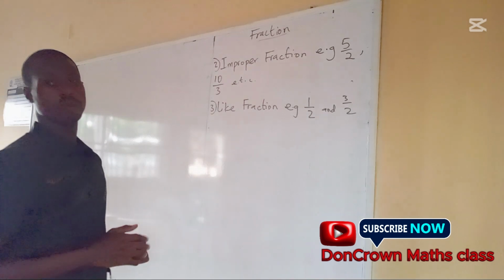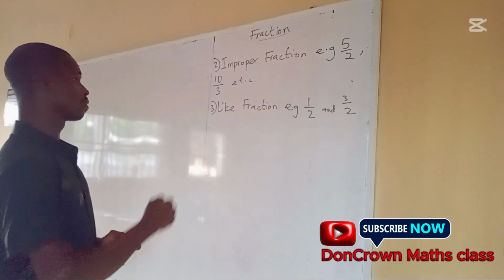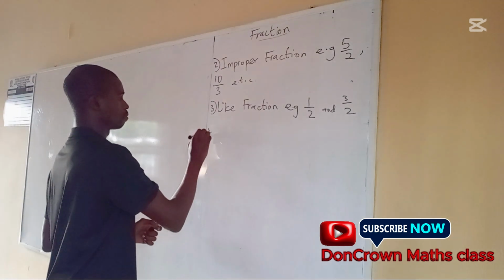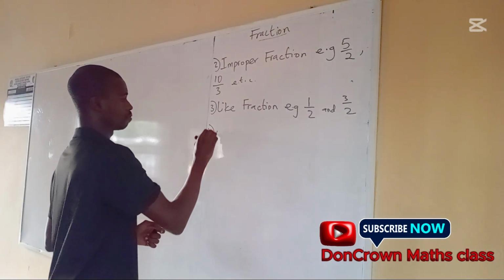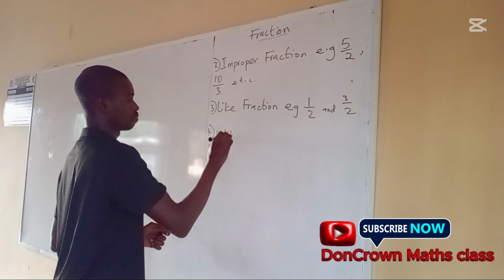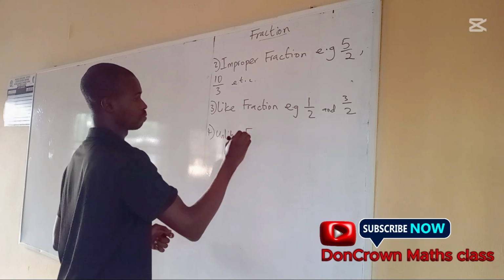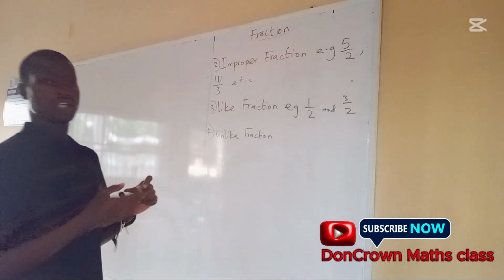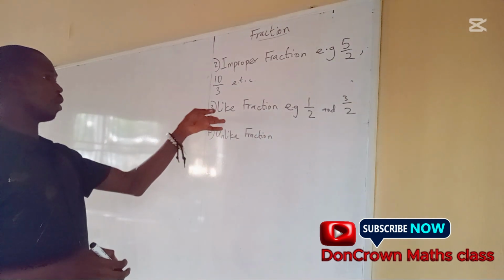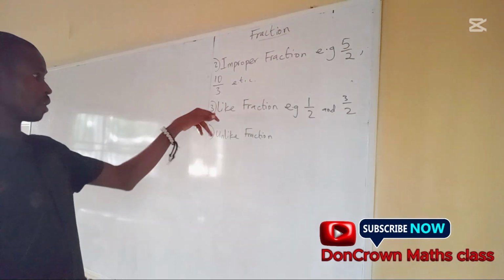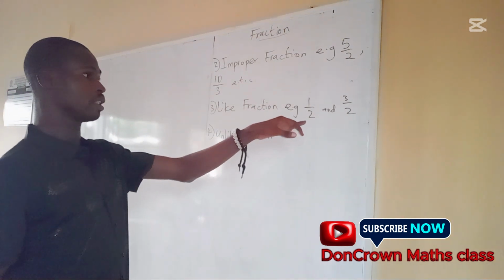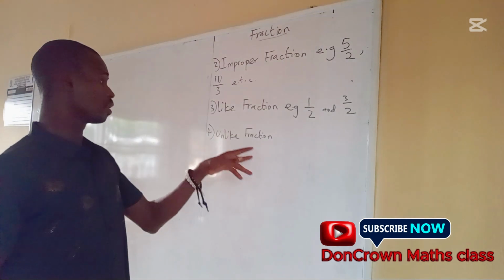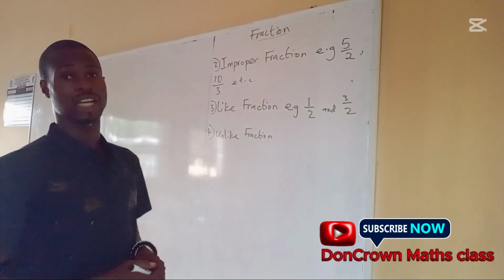Another type of fraction that we have is unlike fractions. Unlike fractions are the opposite of like fractions. For like fractions, the denominators are the same, but for unlike fractions, the denominators are different.